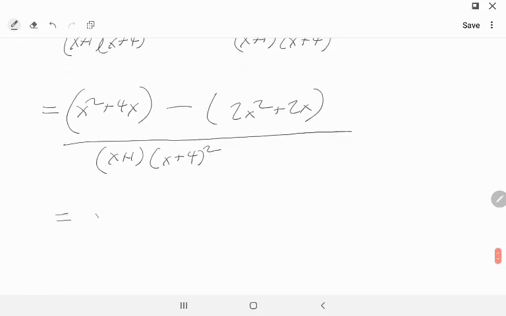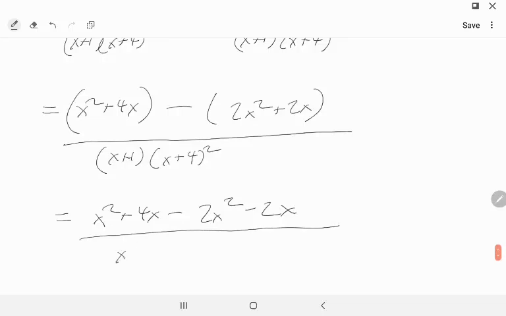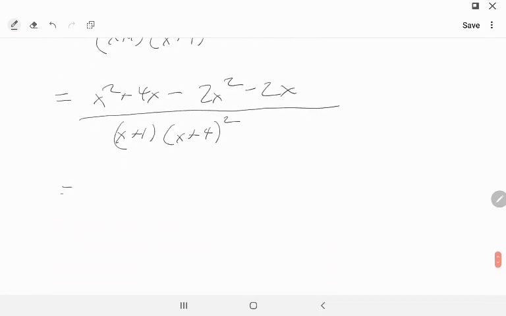And so we wind up getting x squared plus 4x minus 2x squared minus 2x, all divided by x plus 1 times x plus 4 quantity squared. And so we get negative x squared plus 2x, all divided by x plus 1 times x plus 4 quantity squared.